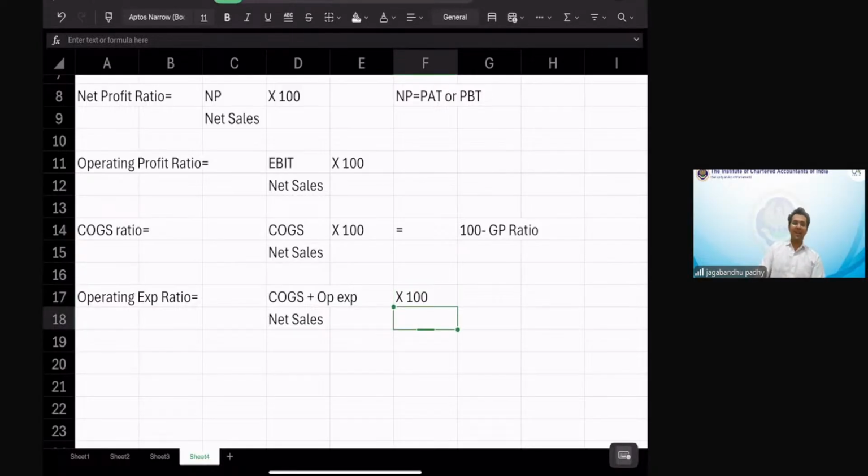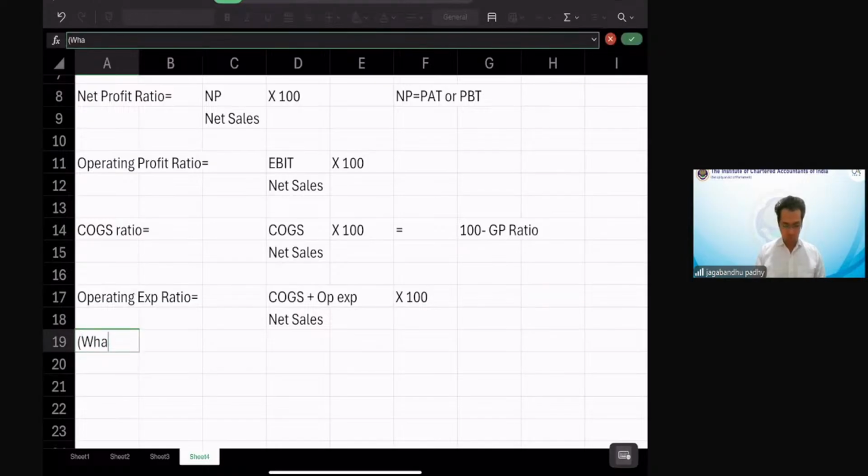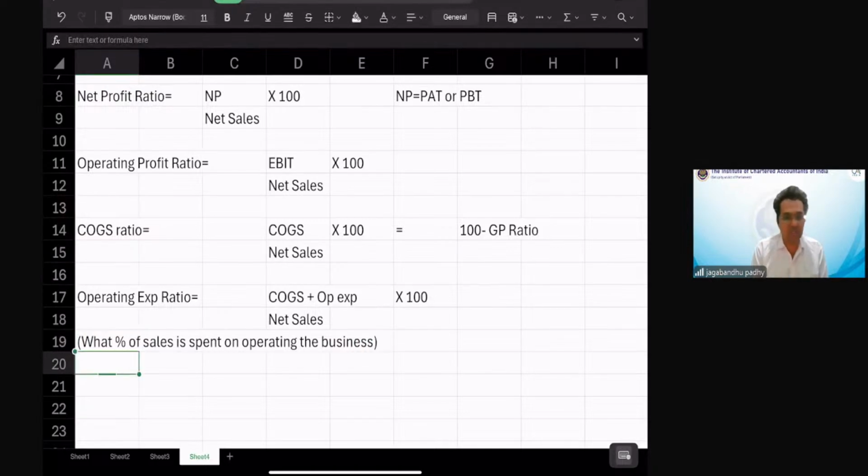And when you say operating ratio, we are talking of all the operating expenses. You can understand this as what percentage of sales is spent on operating the business, right?